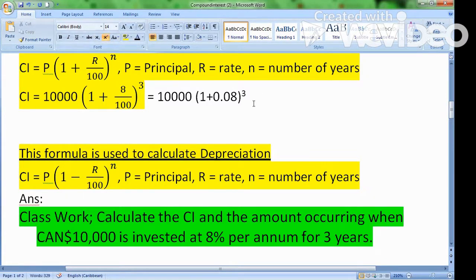All right, and then the 10,000. We're going to add 1 plus 0.08, which is 1.08 raised to the third power.